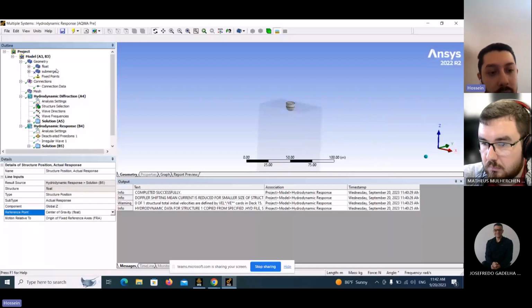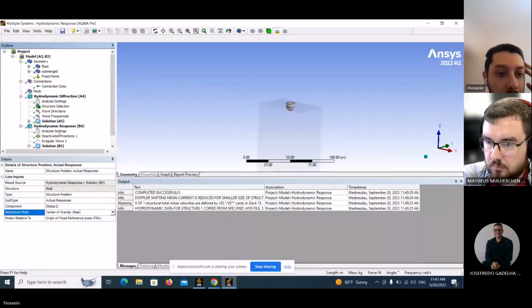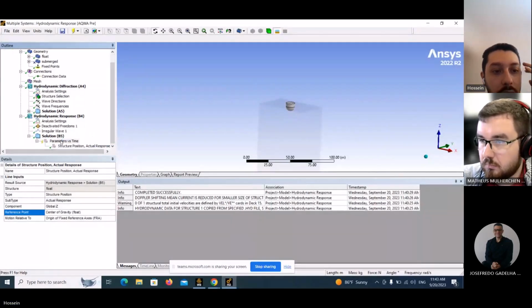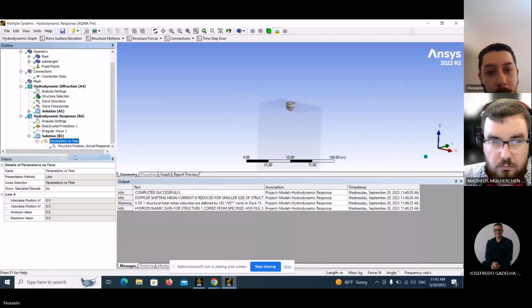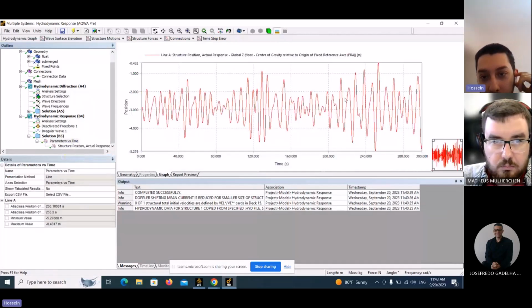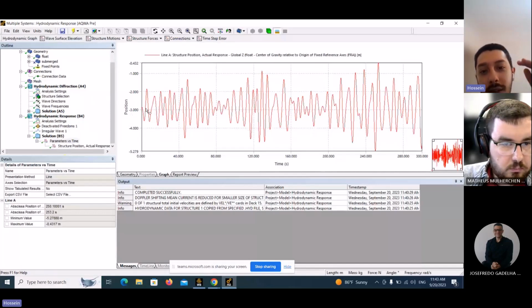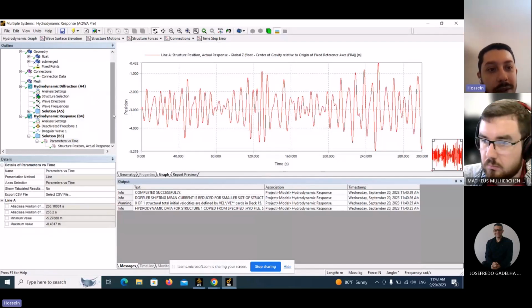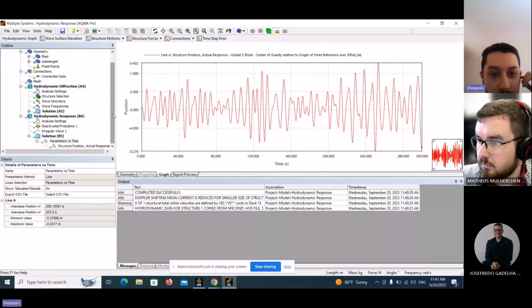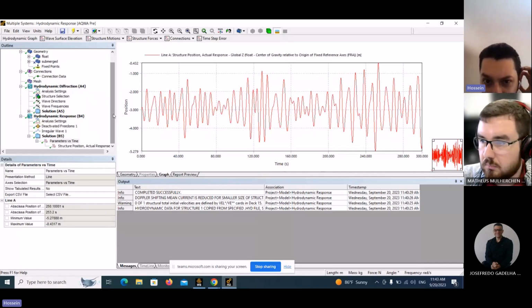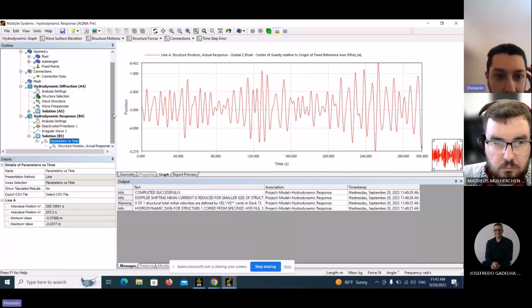But here it is aligned with the center of gravity. You can see the results, and I think it sinks in the water, and maybe we didn't model our wake with exact parameters, but this is the motion of our structure.